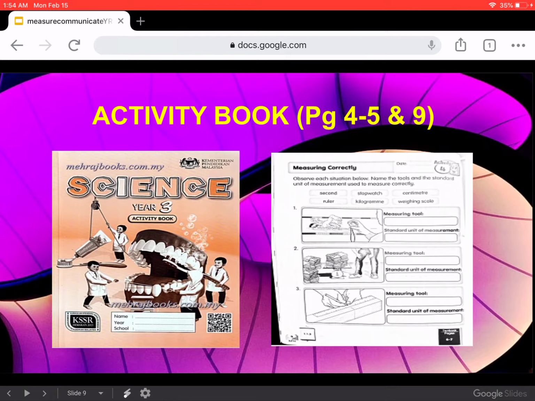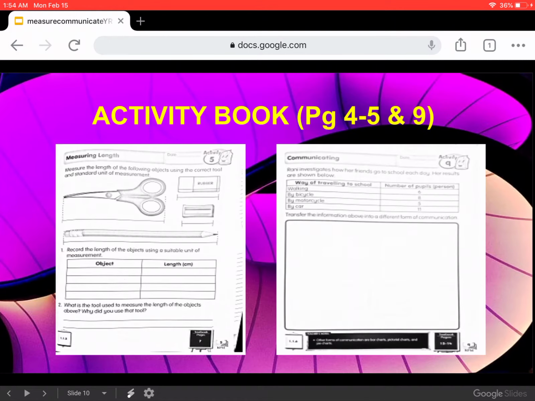Now, you can continue doing the activity book, page 4 until 5 for the topic measuring and using numbers, and also page number 9 for the topic communicating. You can choose a suitable form of information in the communication.